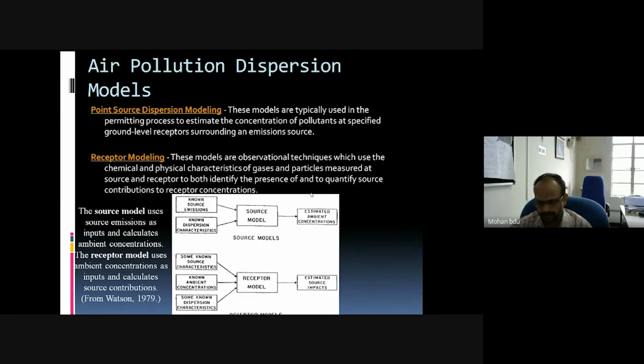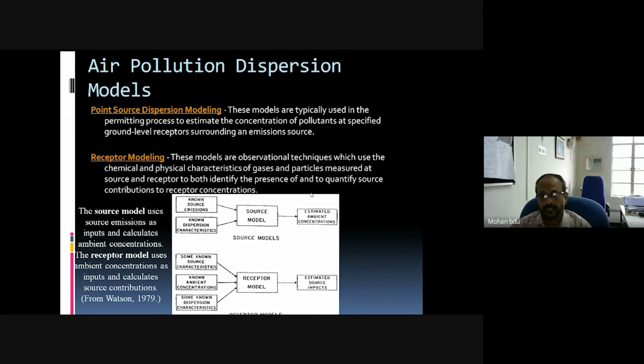And also, if there is a cement industry or an oil refinery coming up in a given location, the air pollution dispersion models can be used to assess the likely impact of this industry in the downwind direction, how far the downwind location is from the industry, and to what levels the concentration of pollutants will accumulate in that area.